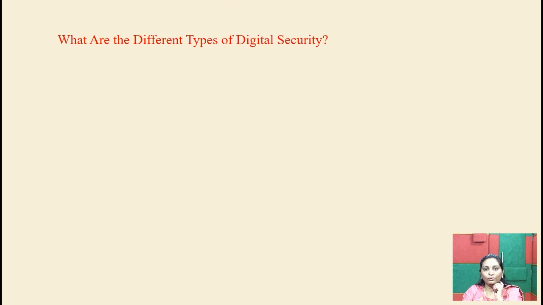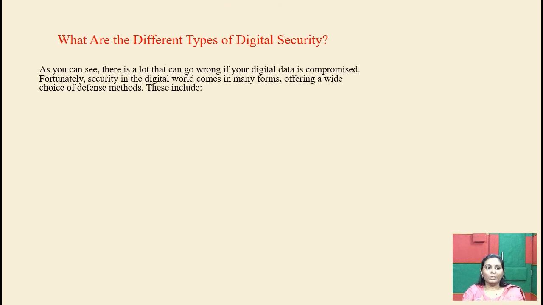Okay, what are the different types of digital security? As you can see, there is a lot that can go wrong if your digital data is compromised. Fortunately, security in the digital world comes in many forms, offering a wide choice of defense methods. This includes how we can secure our digital data.